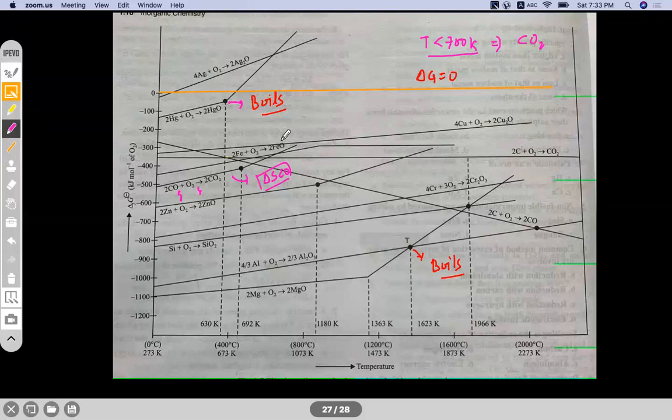We have discussed the basic process, what steps we have in extraction of metals: concentration of ore, different methods, calcination, roasting, and the reduction method. Those same methods are used for any metal. There may be a few changes here and there, but more or less it is the same. A few examples and flow sheets we'll discuss.